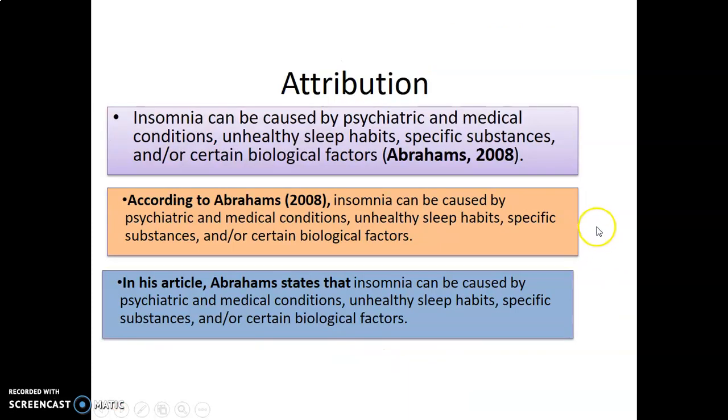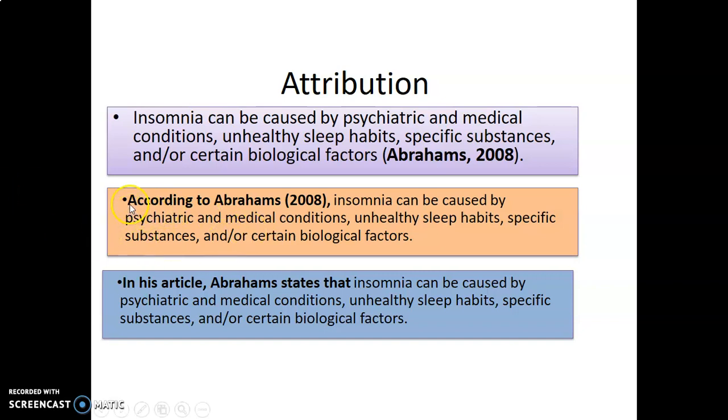All right. Here's another thing. It's called attribution. So in this purple box, it's an in-text citation, meaning inside the text in brackets, right? But you can also use attribution, like in these last two boxes. It means you mention the author as a part of a sentence, as a part of the text.